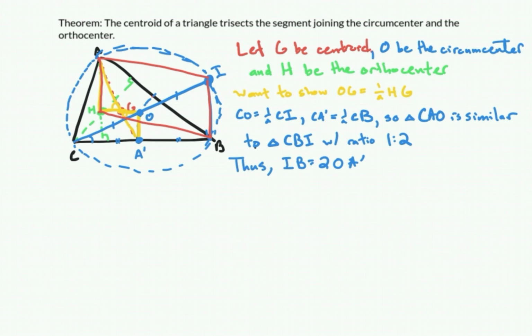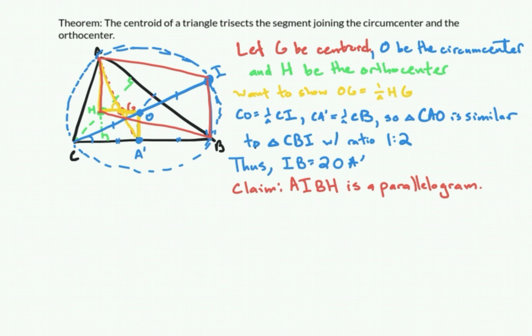Now my claim is that this must be a parallelogram. Okay, so the claim is that AIBH is a parallelogram.